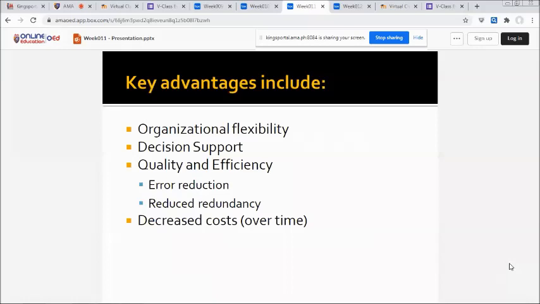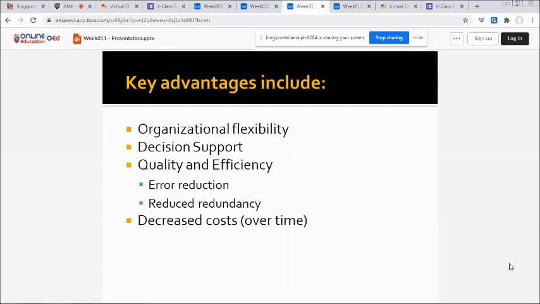So the system can help manage portions of the business. Key advantages include organizational flexibility, decision support, quality and efficiency, error reduction, reduced redundancy, and decreased costs.